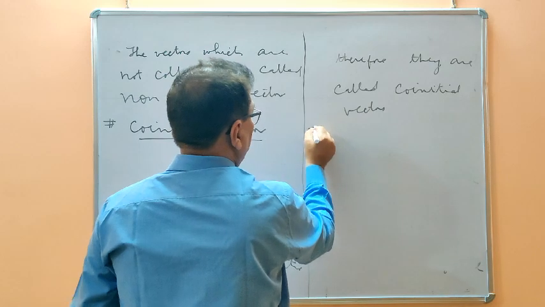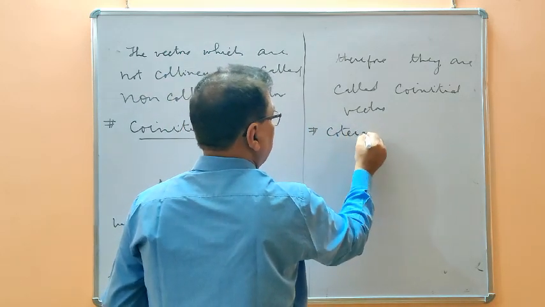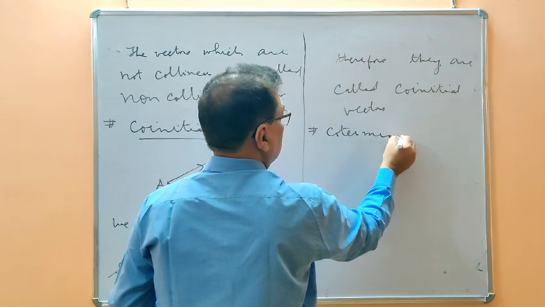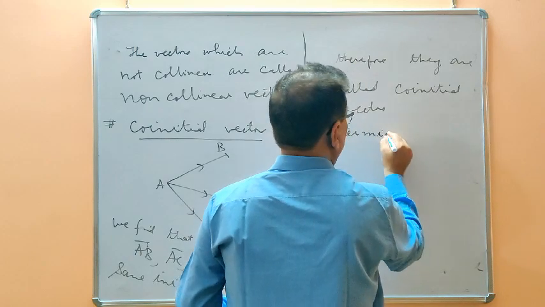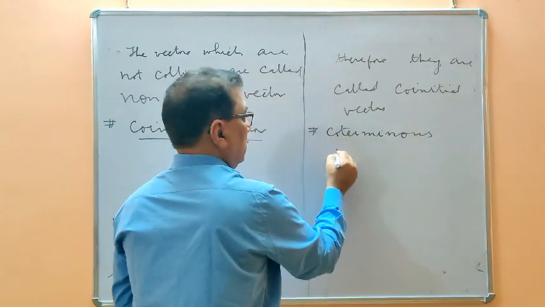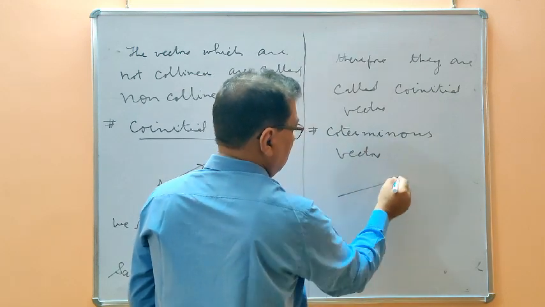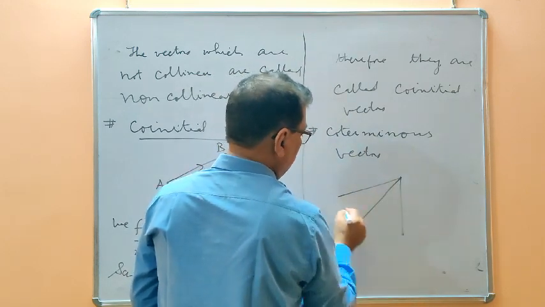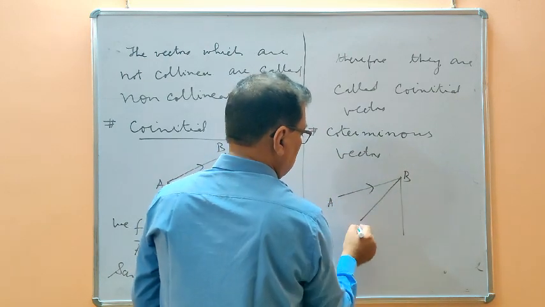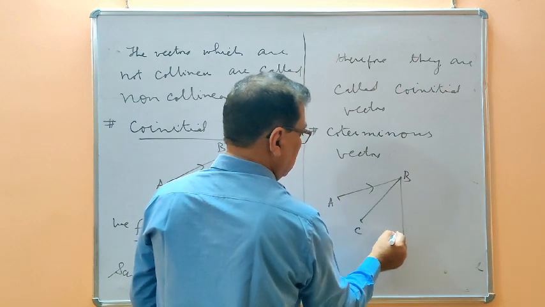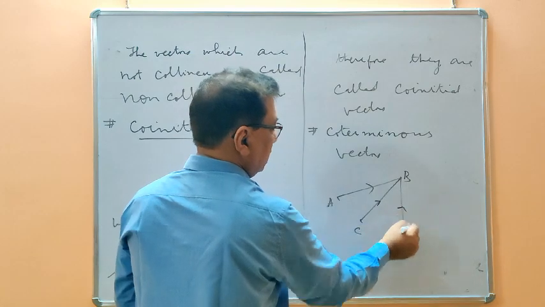After that, we have next term, coterminous vectors. So again, one vector is, suppose, the direction is this way.